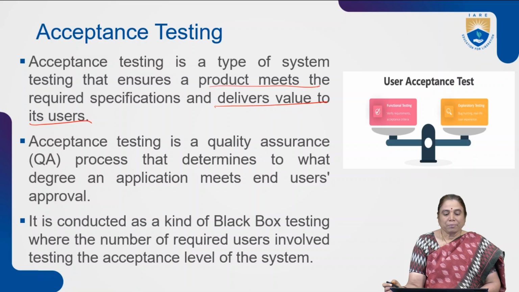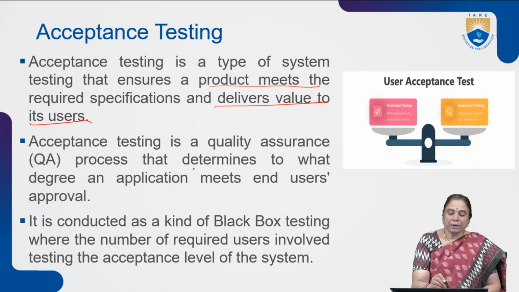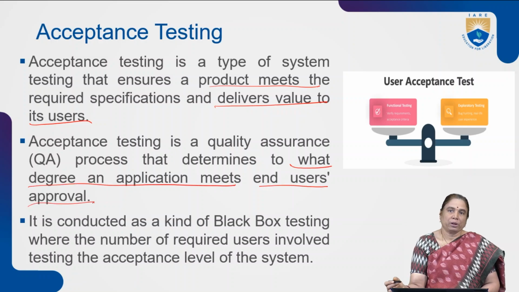So acceptance testing is a quality assurance process that determines to what degree an application meets end user approval. So the degree of satisfaction of the user plays the major role in performing acceptance testing.